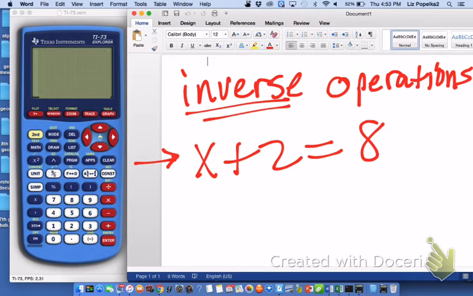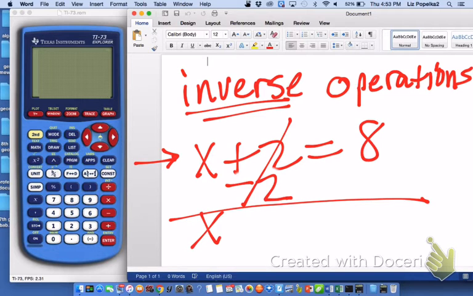When we're solving any equation, our goal is to get that variable by itself. We isolate it by getting rid of any pesky little stuff that happens to be with it. In this case, I've got a plus 2. I'm going to use inverse operations, which is a minus 2, because a minus 2 is the opposite of a plus 2, in order to get rid of that 2.